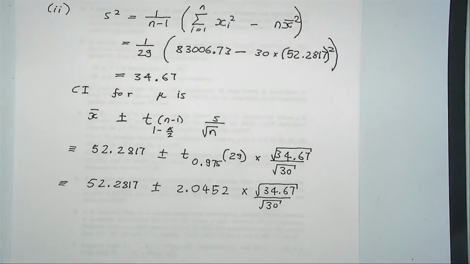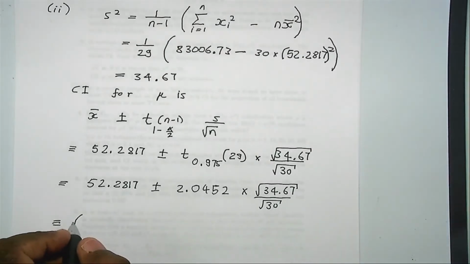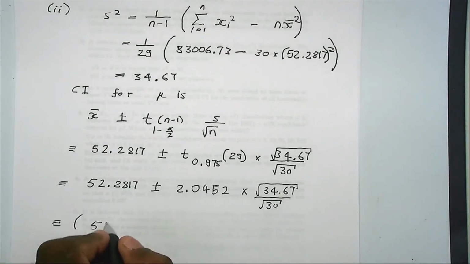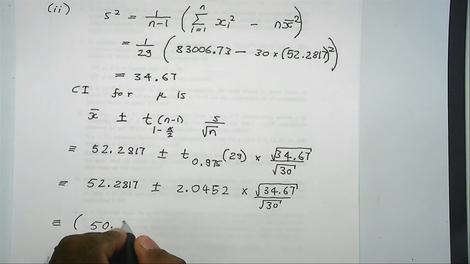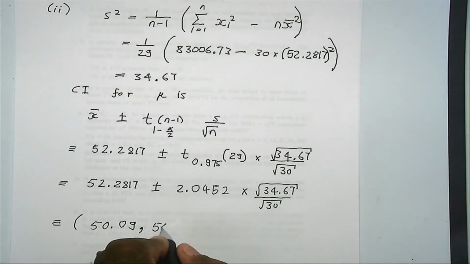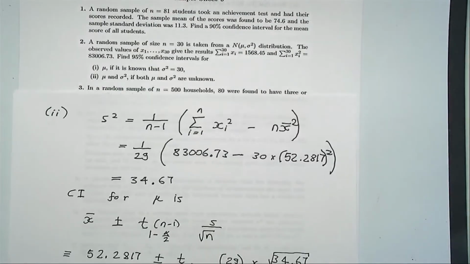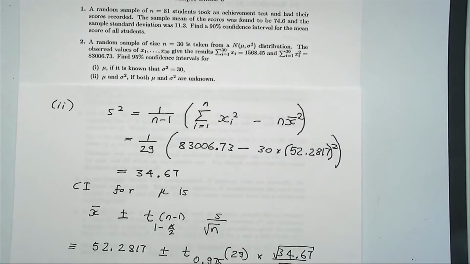Right now, you should do the math, this confidence interval will be 50.09 is the lower limit, 54.48 is the upper limit. All right, so this is one of the things we need to do in the second part.